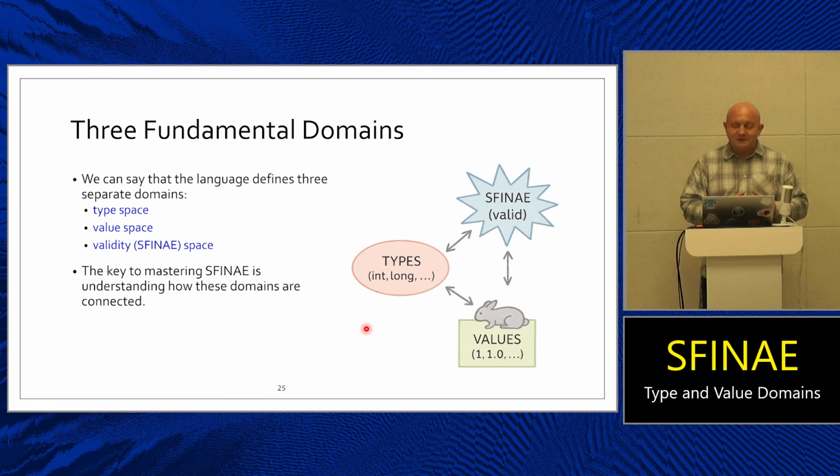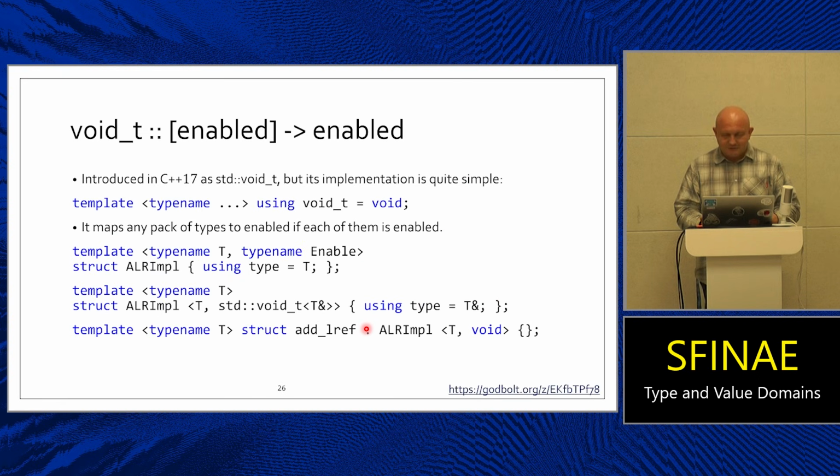Every template substitution lands somewhere in this tiny space. The interesting question is how these three spaces relate to each other. Can we map types to SFINAE outcomes? Can SFINAE results map to values, or maybe from validity back to types? If you think about all the possible mappings between these three domains, that's six arrows in total. They form the foundation of how SFINAE really works and is used in practice.